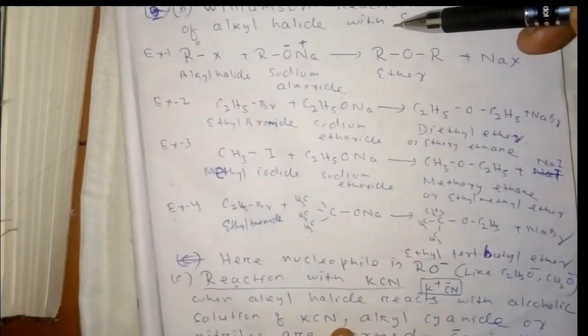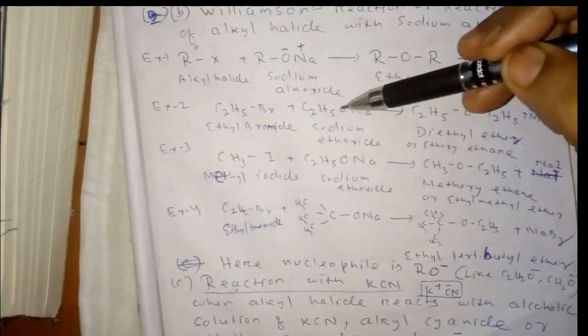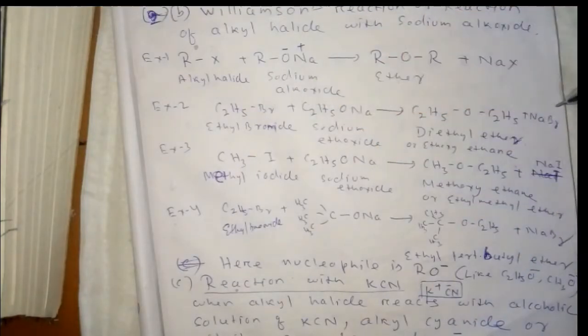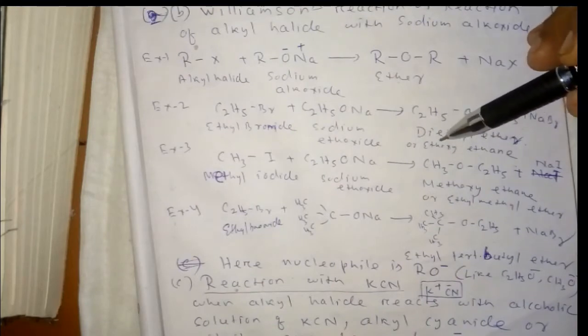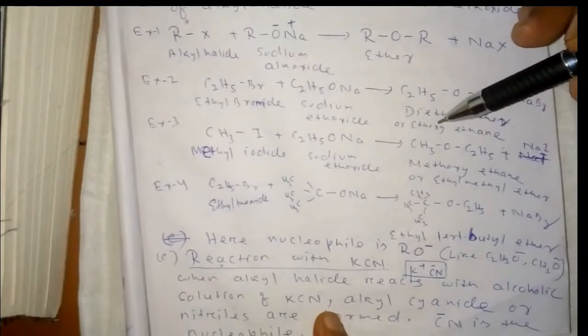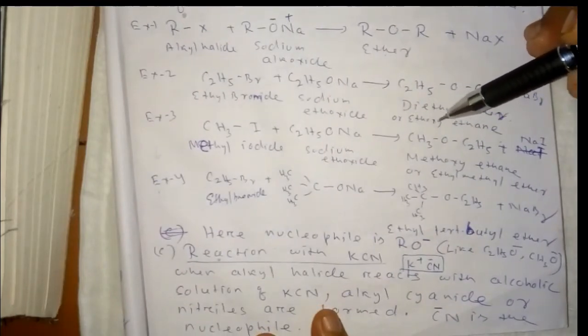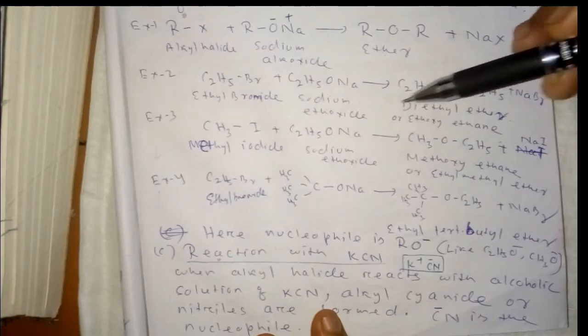Ethyl bromide plus sodium ethoxide will give diethyl ether, C2H5OC2H5, plus NaBr. Diethyl ether or ethoxyethane. Ethoxyethane is the IUPAC name. Diethyl ether is the common name.